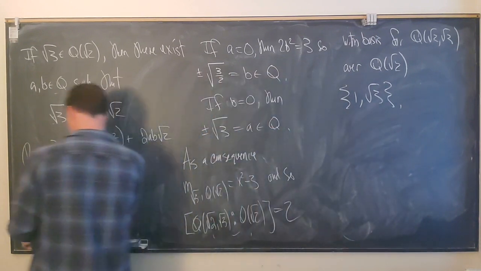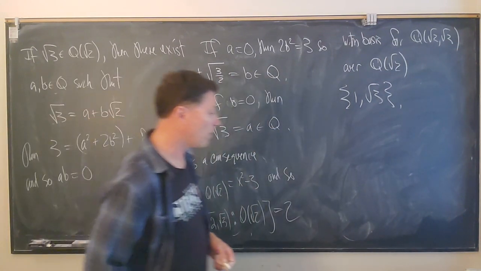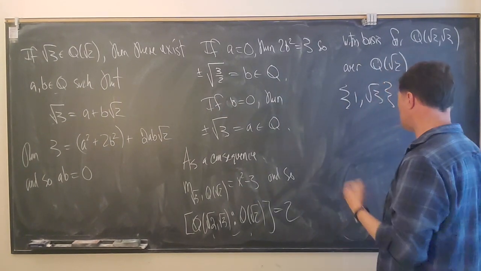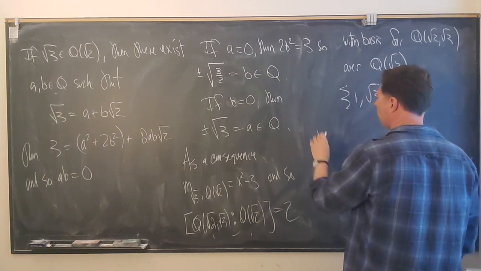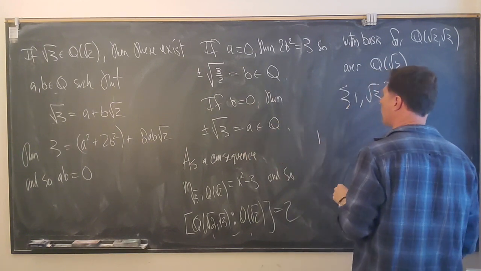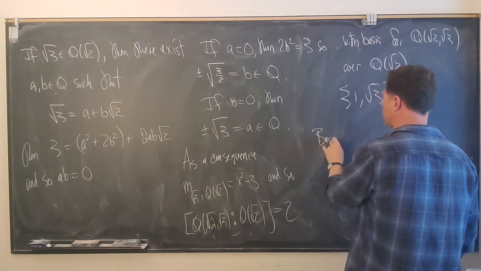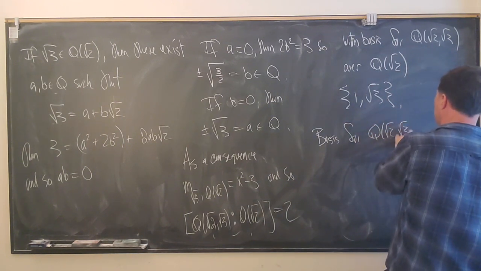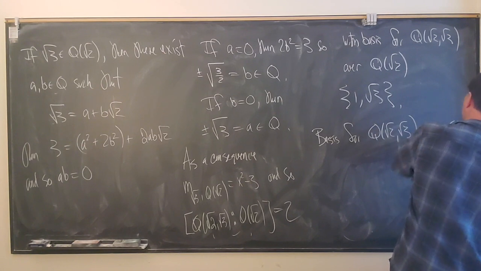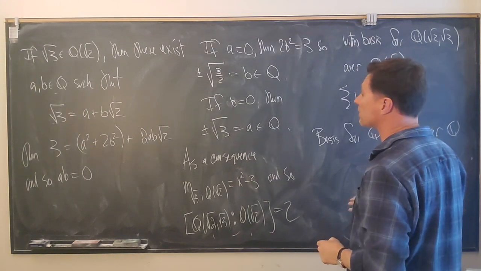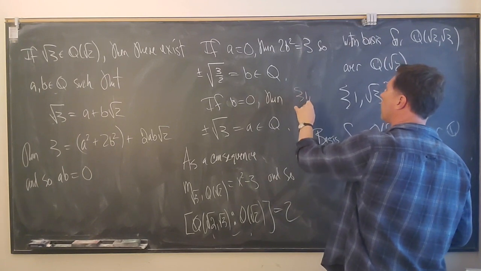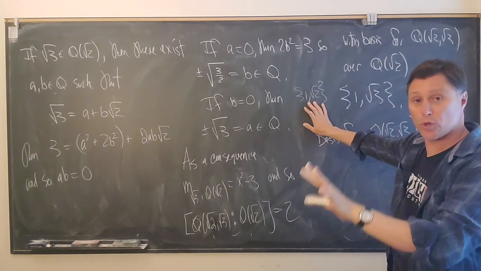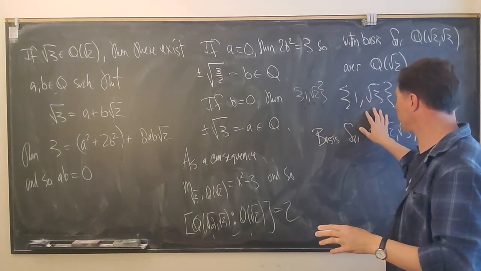So now we write down the final answer. So a basis, and this comes straight from the proof of theorem 1.4, I guess it was, the theorem from last time, a basis for Q adjoin root 2, root 3 over Q. We had our other basis, 1 and root 2, that was for Q adjoin root 2 over Q. Here's our basis.